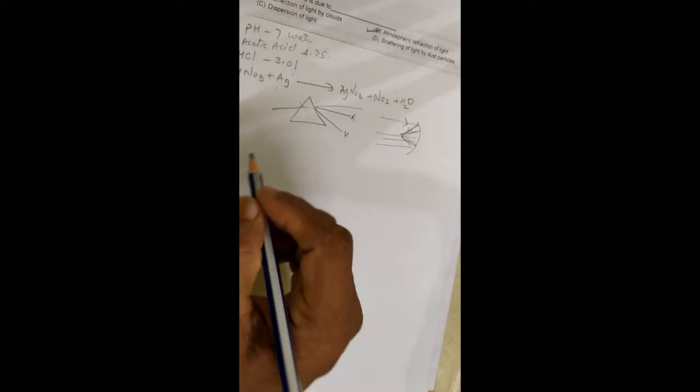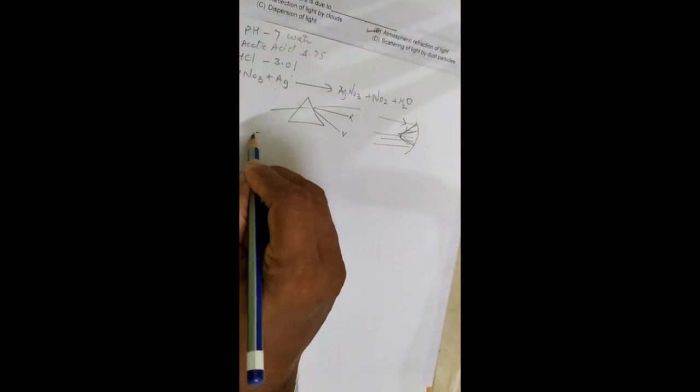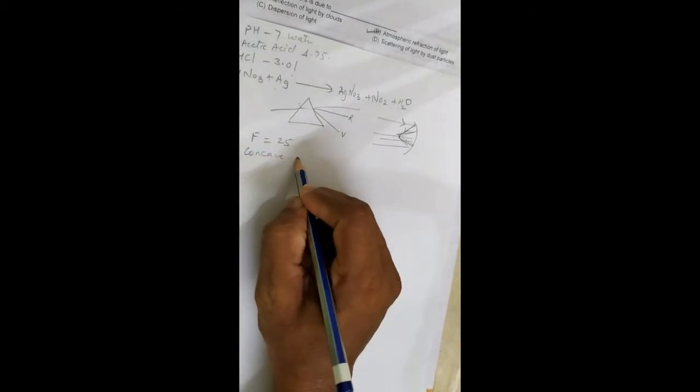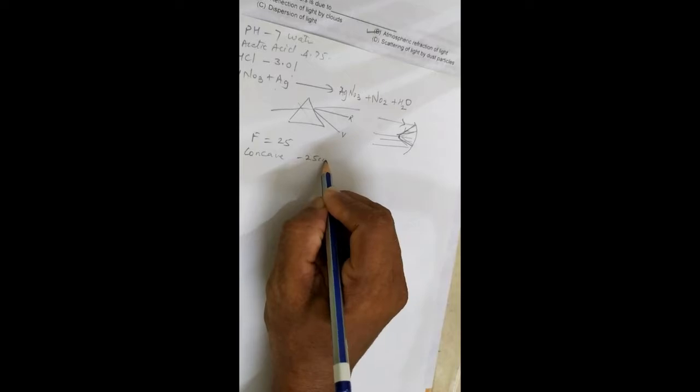So this is a concave mirror. What is the power of the concave lens of focal length 25 centimeters? The focal length is 25 centimeters. Correct? So it is a concave mirror. Therefore it is minus 25 centimeters.